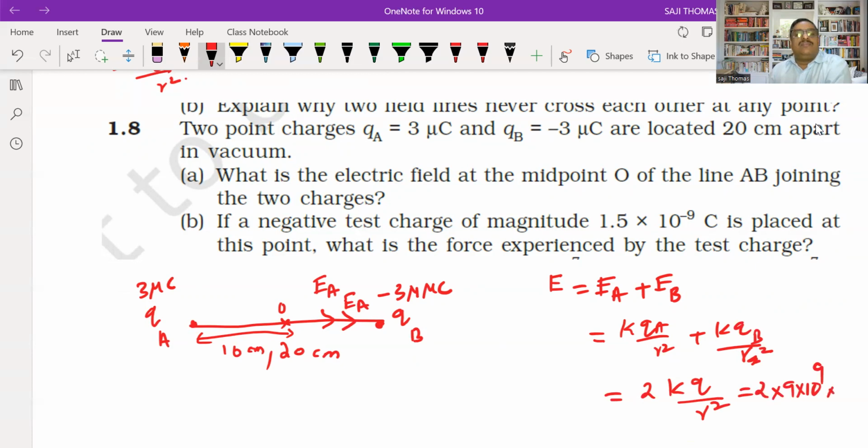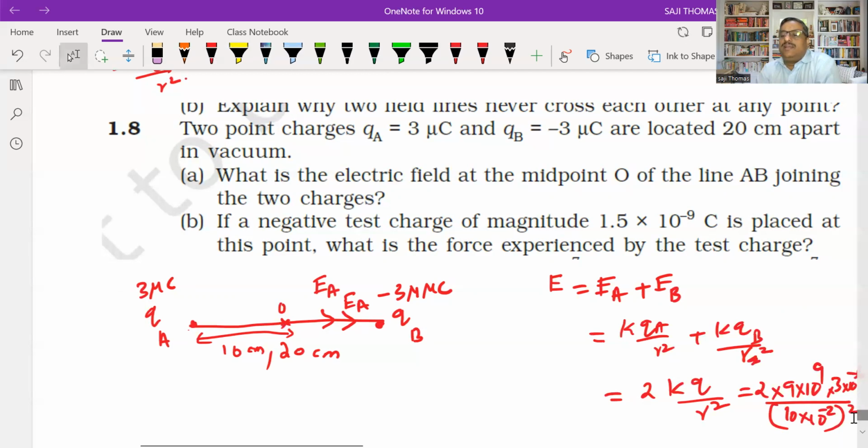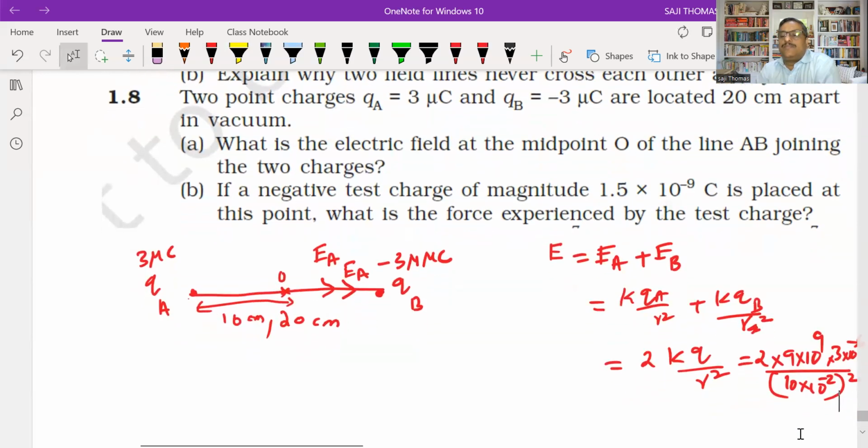Q is given, what is that? 3 microcoulomb, 3 into 10 raised to minus 6, by R square. What is the distance from one charge to the center? 10 centimeter, 10 into 10 raised to minus 2, whole square. So this is the equation for the electric field. Just you have to calculate it.